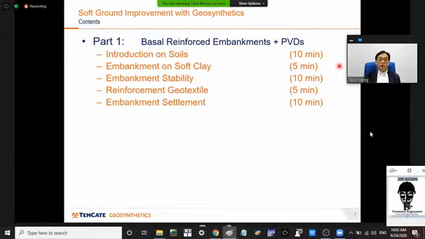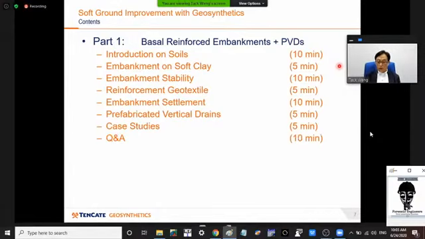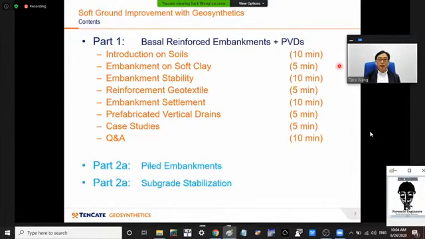And I'll also talk about embankment settlement, and in particular, when prefabricated vertical drains or PVDs are used, then I will cover 1 or 2 case studies and then finish off with a Q&A session. The indicated times are rough indications of how each of these topics will be running. And just a brief mention, in 4 hours' time, we will have part 2, which is on pile embankments and subgrade stabilization.